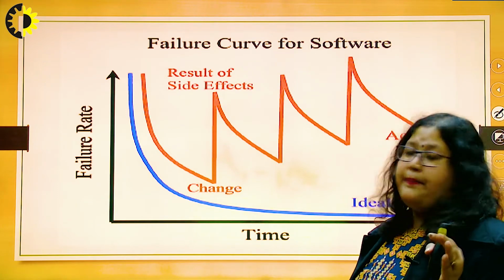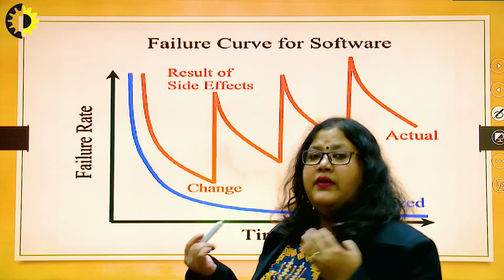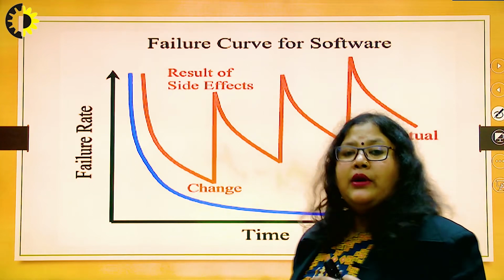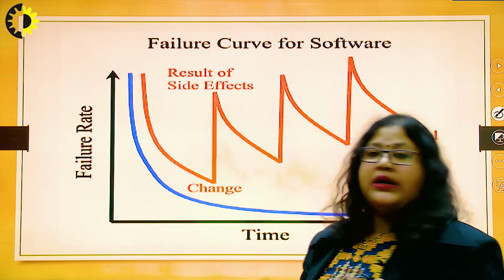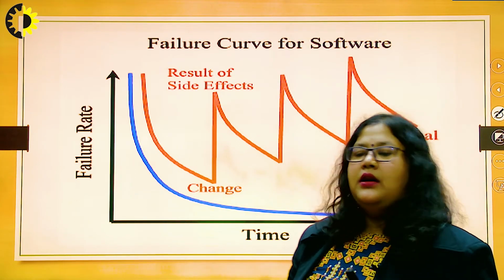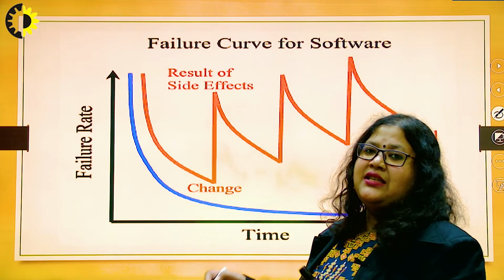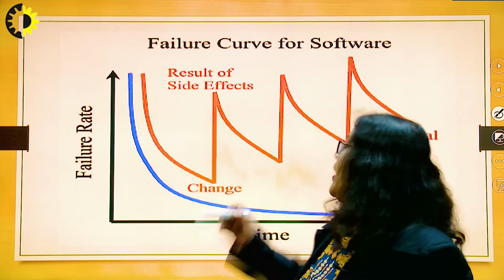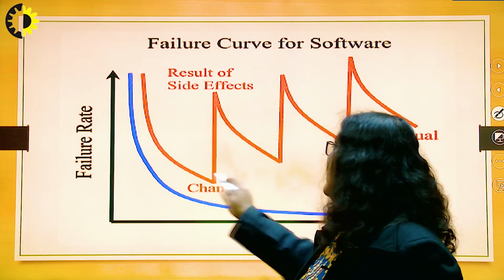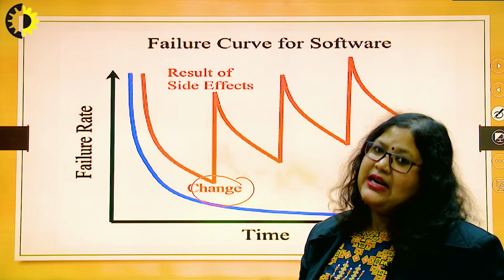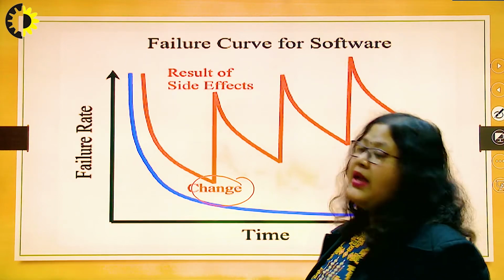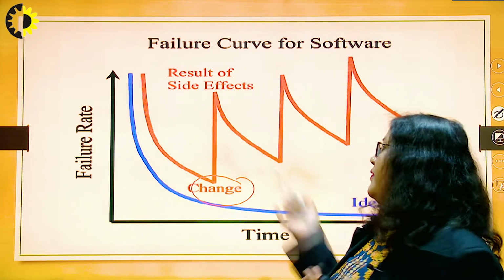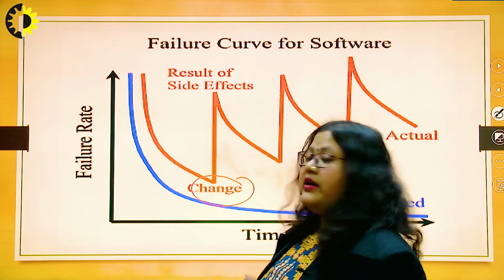Software doesn't go to the wear out phase. How and why? Basically, when we change any software, or the requirement of the customer has changed according to the time, we just build in these changes to the defined software components. So first we have to change that particular software. There are some side effects, so maybe we have to go up for these changes, or we have to go down with these respective changes.